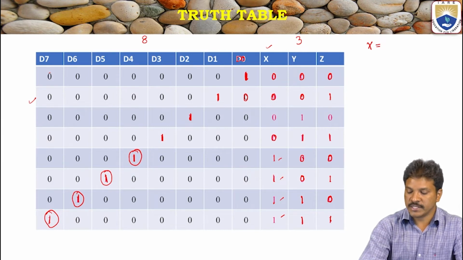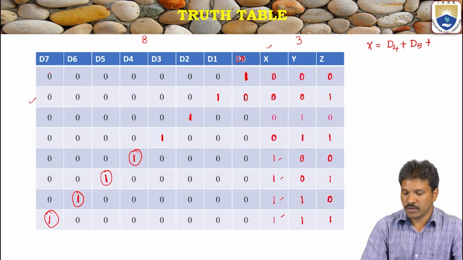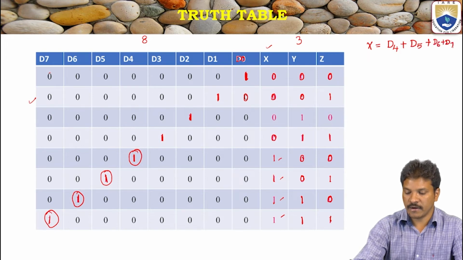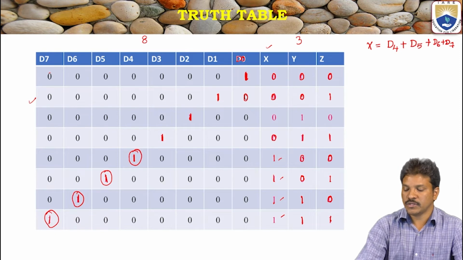When D4 is active, you get logic 1, or D5 is active, you get logic 1 in x, or D6 or D7. Here I treat x as the MSB. So x equals D4 plus D5 plus D6 plus D7.